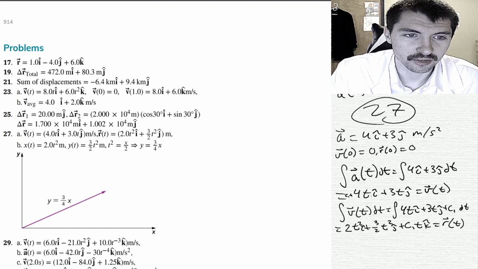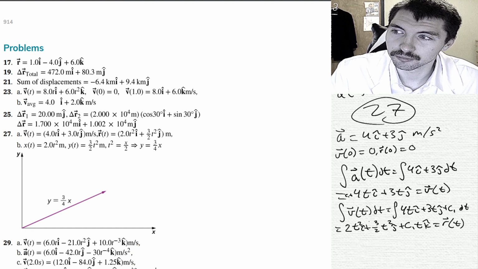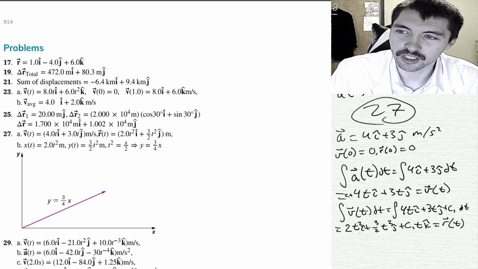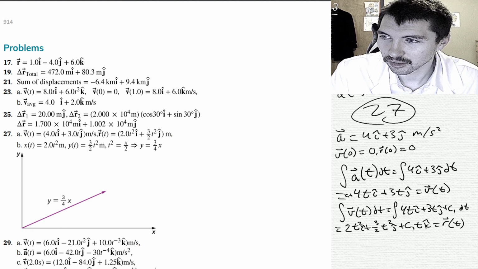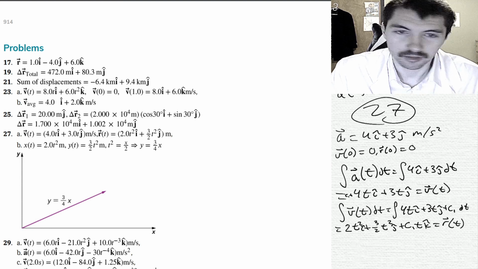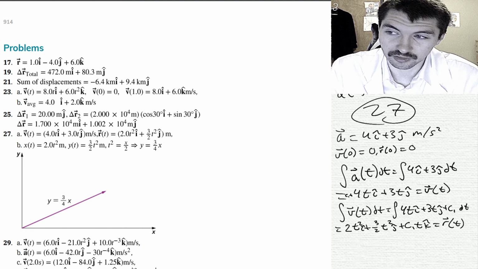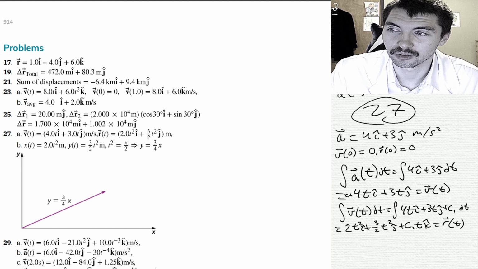Book's missing a constant. Books make mistakes too. It's okay, no big deal. We just keep moving on. 2ti plus 3/2 t squared j. Again, it's missing that constant, and that constant should have a variable t, from what I would argue.